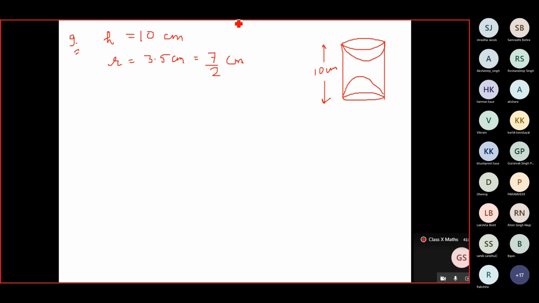Okay, now the surface area of solid will be equal to what? That will be equal to CSA of cylinder plus 2 into CSA of hemisphere.